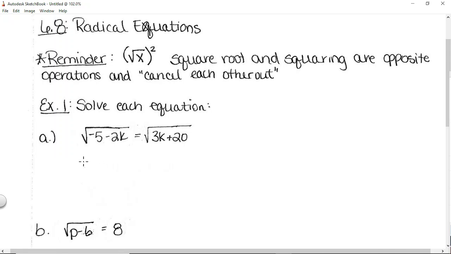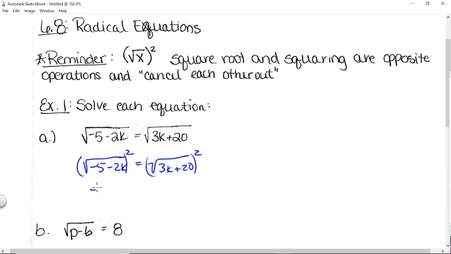We have a radical on each side. So I'm going to rewrite this so that we can square it. We will square both sides. And then squaring it cancels out with the radical.